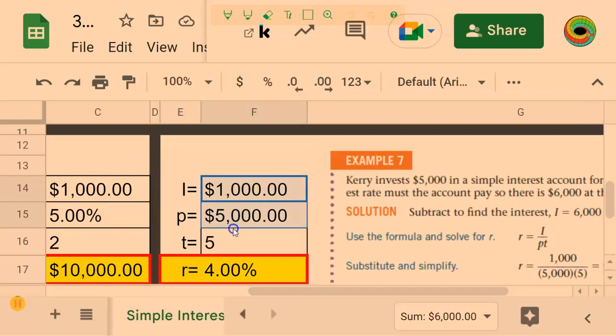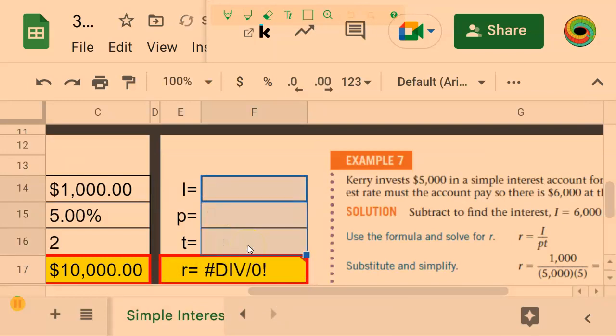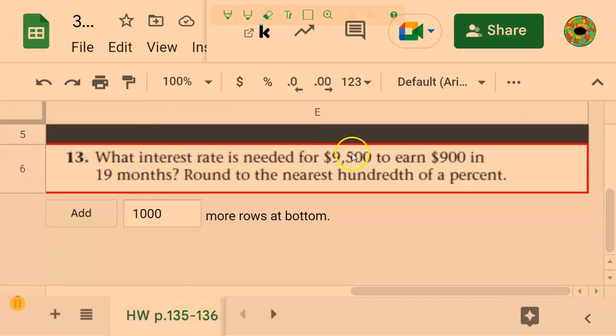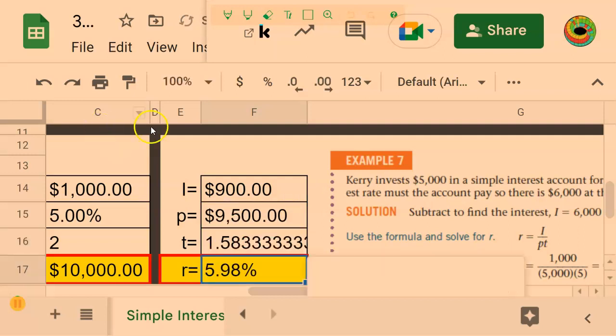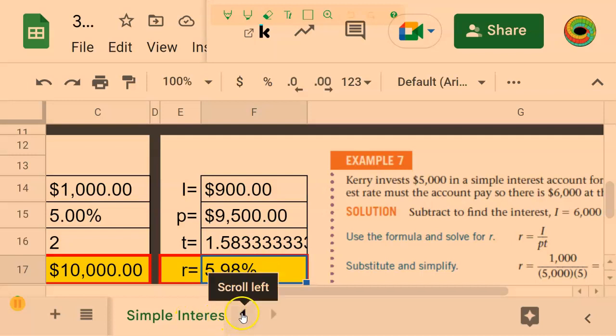So the nice thing is, all you have to do is just delete these, right? And then replace them with the right numbers. So $9,500 to earn $900 in 19 months. So I want to earn $900 from $9,500. 19 months, I have to convert it, equals 19 divided by 12. Oh, I need a 5.98% interest rate. So just like that, I can answer that.